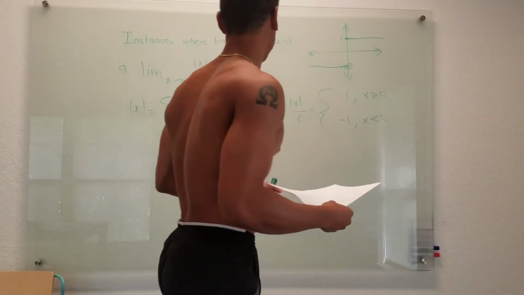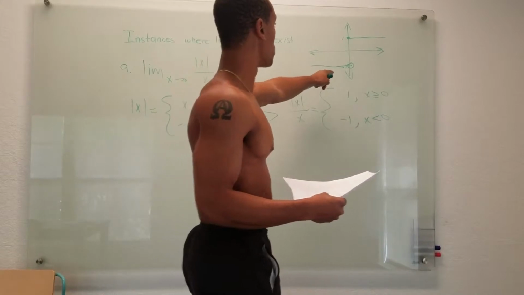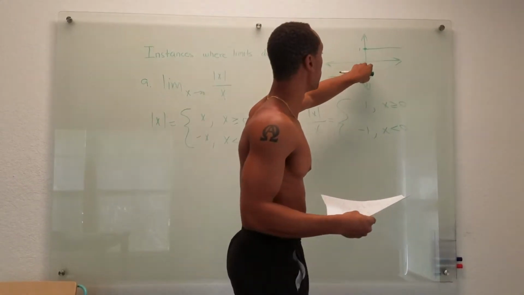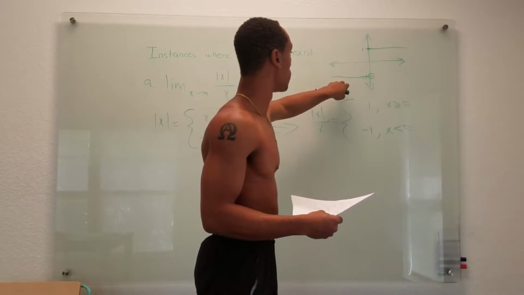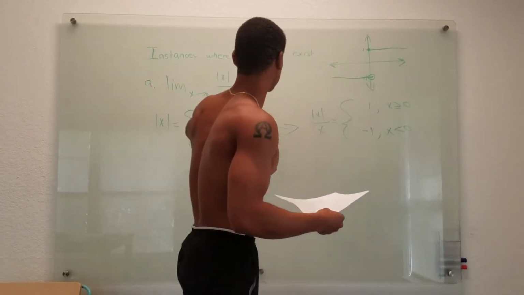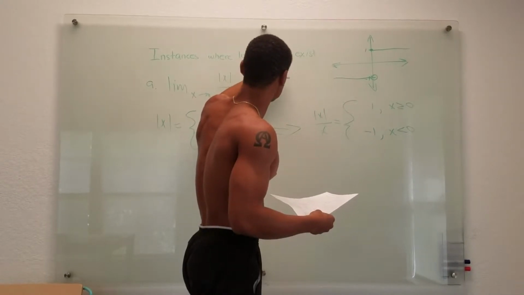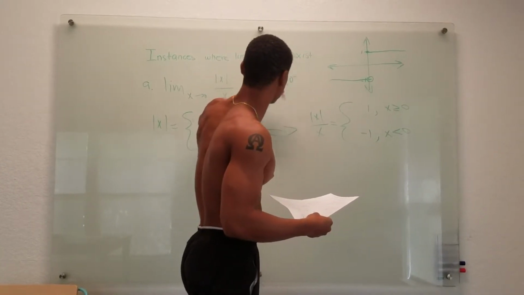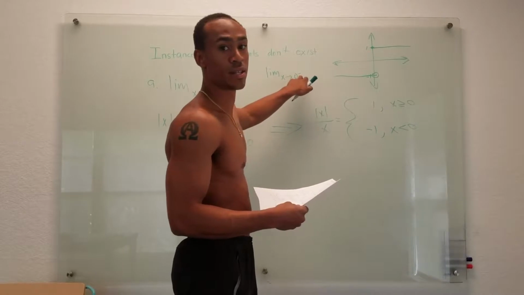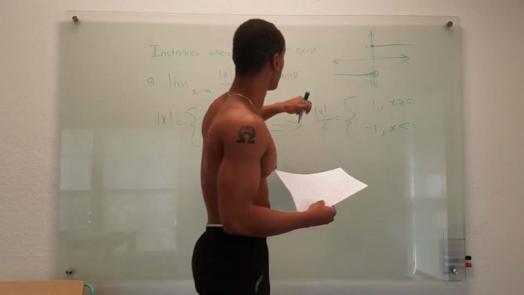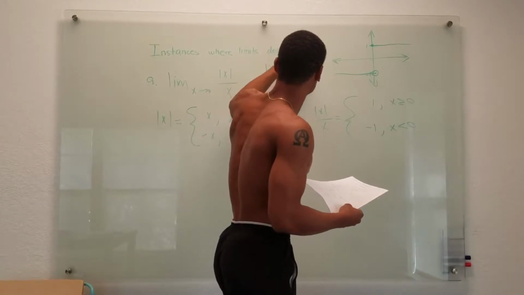If we were to take the limit as x approaches 0 from the left, we would get negative 1. Anytime you see a minus sign next to that number, you're approaching that number from the left.